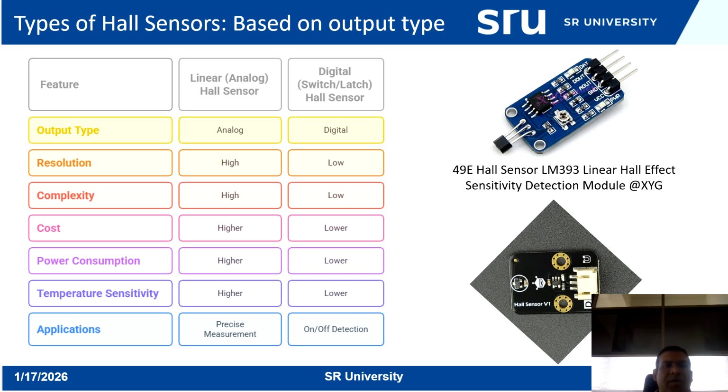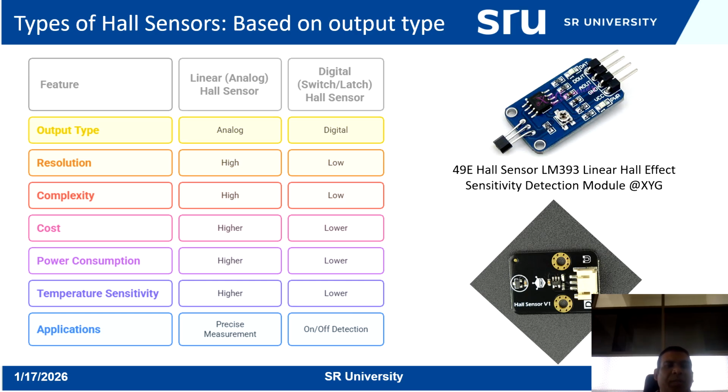What is the function of the unipolar Hall sensor? It detects the north pole only, or the south pole in some versions. The output switches on when the magnetic field reaches the threshold level. And what is the application? It is basically used for proximity detection, open or closed door sensors, and flow meters.